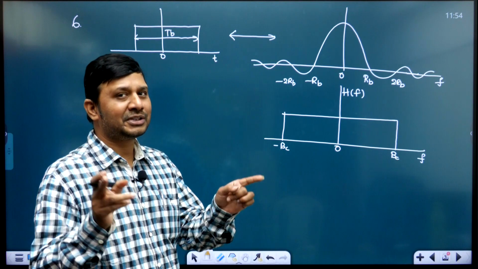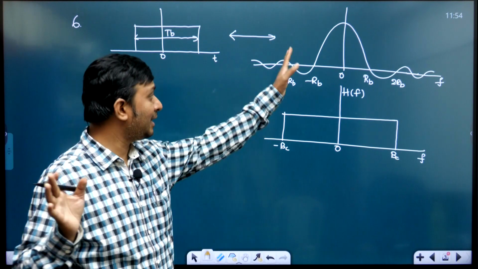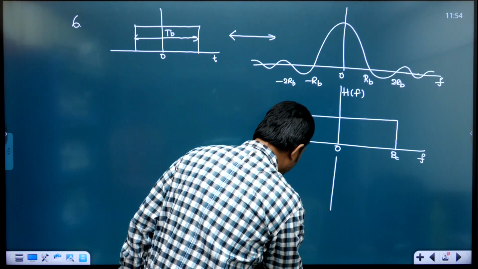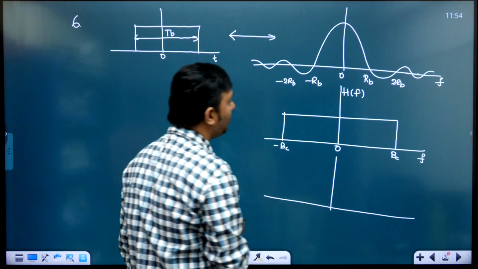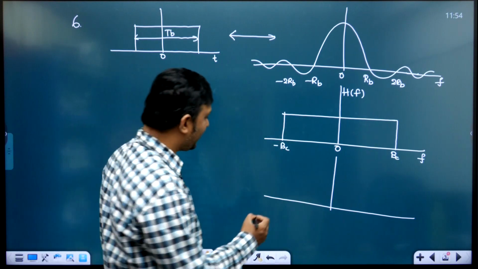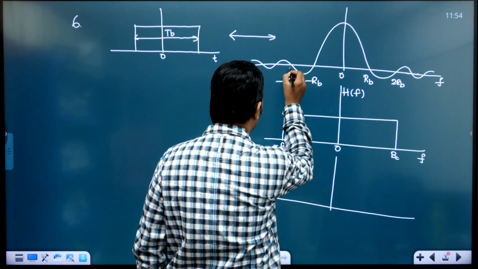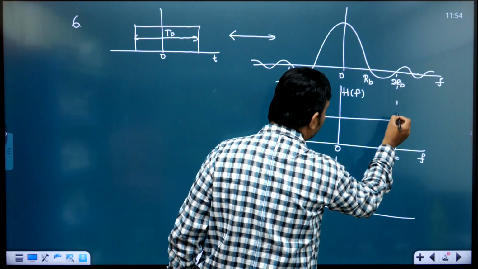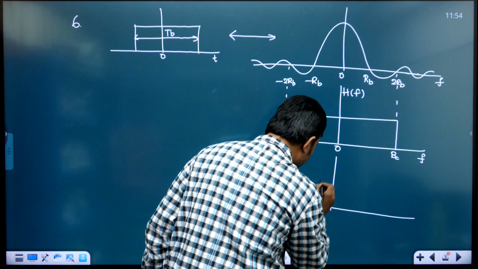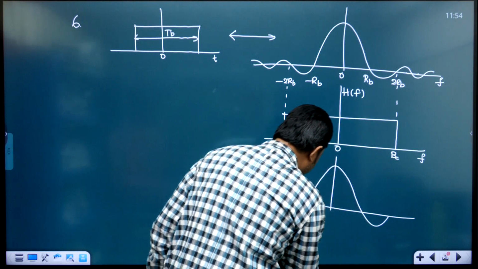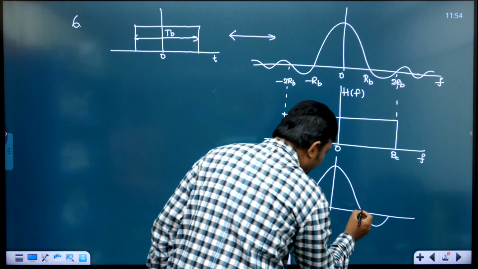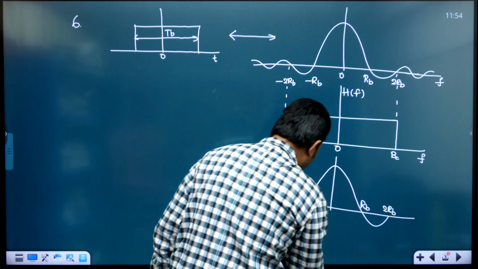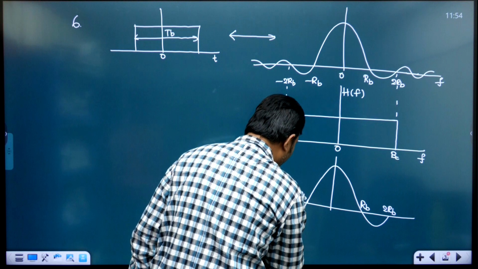Only some portion of the sinc pulse is transmitted, so that the resulting signal at the output of the channel can be shown like this. So we are going to get up to this point only. Right? So this is our output.